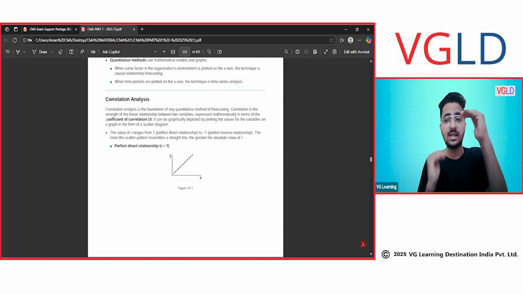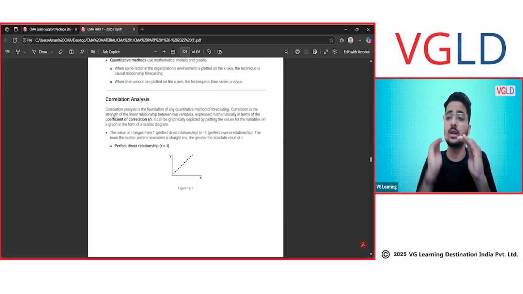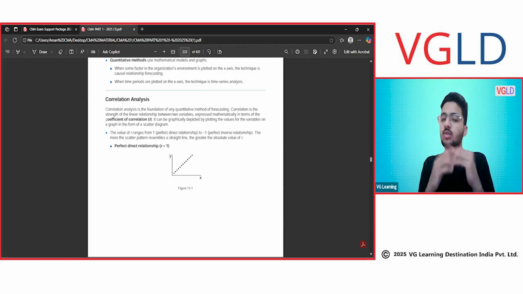If one goes up, is the other going up or not? If one goes down, is the other going down or not? If one stays the same, what happens to the other factor? So the relationship between two variables is known as the coefficient of correlation. Basically, this shows the strength, how strong their relationship is.